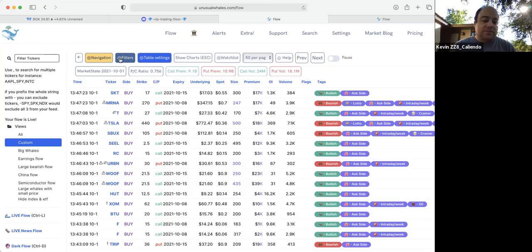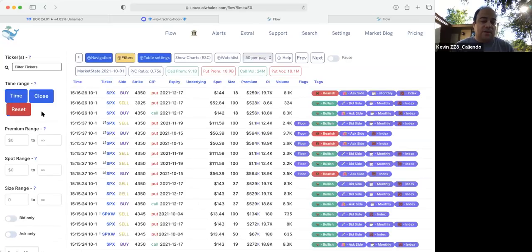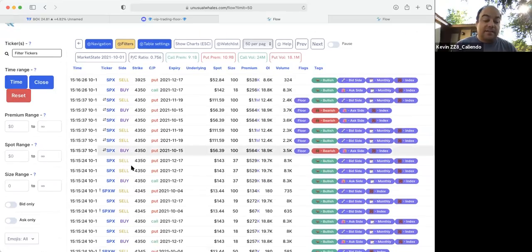If you were to just use this site with no filters at all, what you're going to see are bought calls and sold puts and sold calls and a lot of ETFs, and it's just sort of data overload.